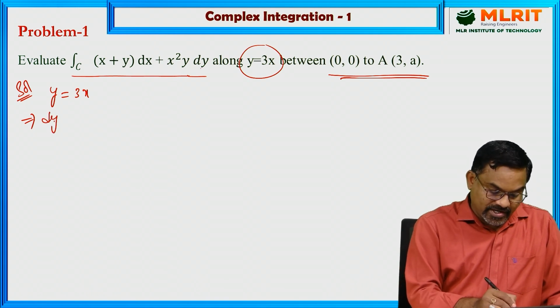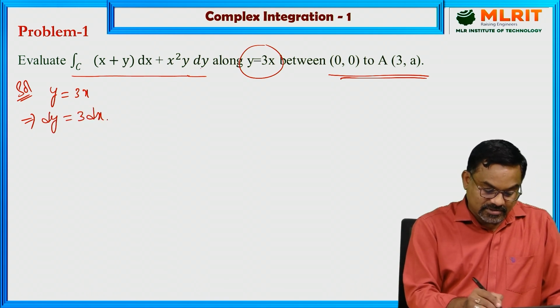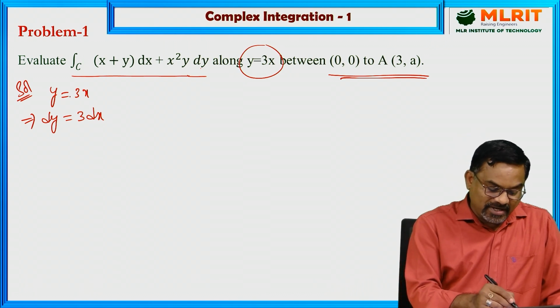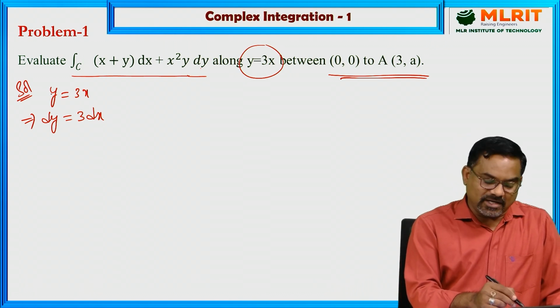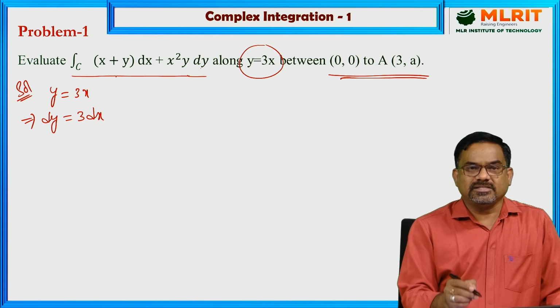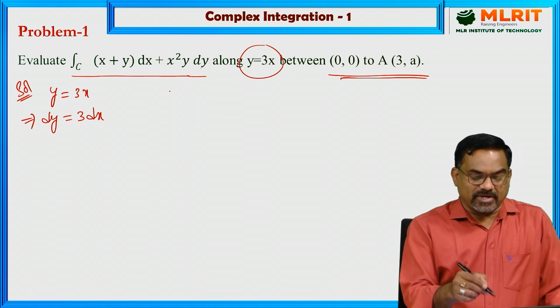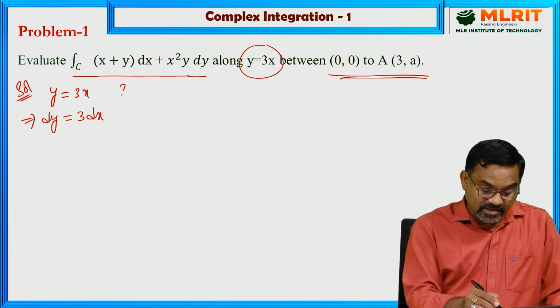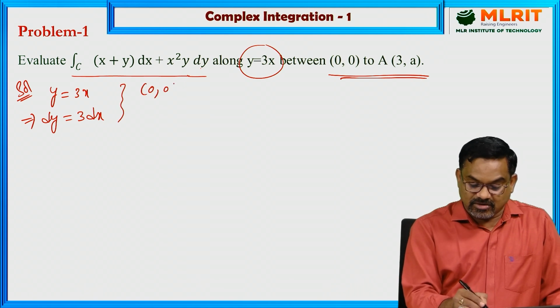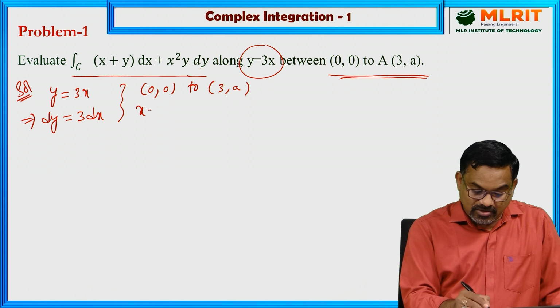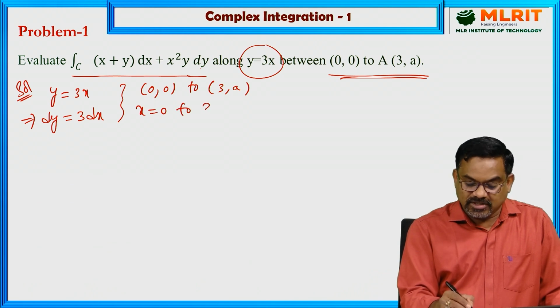Differentiating on both sides, dy becomes 3 dx, and we can write completely y in terms of x, and hence finally we get a function exclusively in terms of x. So we need the limits of x: x varies from 0 to 3.